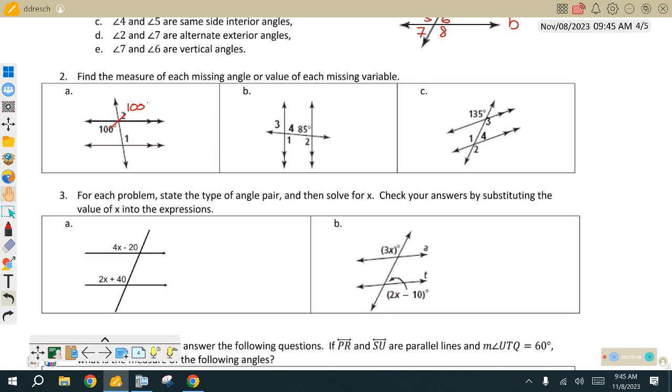Because right here we have alternate interiors, and what do we tag that as on our organizer? They are congruent. You've got to know that. So this is where, if you've not had a ton of exposure or practice with it over the years, it's going to show pretty quickly. So alternate interiors are congruent, 100 degrees.